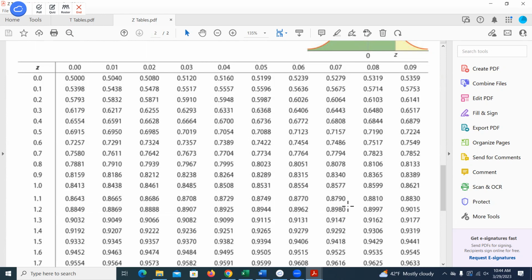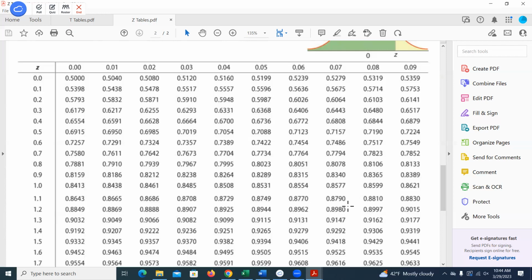When I looked up the z value of 1.27 in the table, it's not the area to the right. That 0.8980 is actually the area to the left. The table gives me the area to the left, and I wanted the area to the right, so I should have been subtracting that from 1.